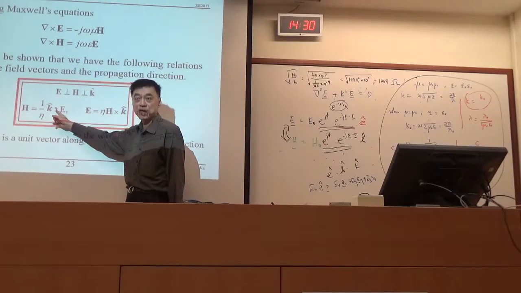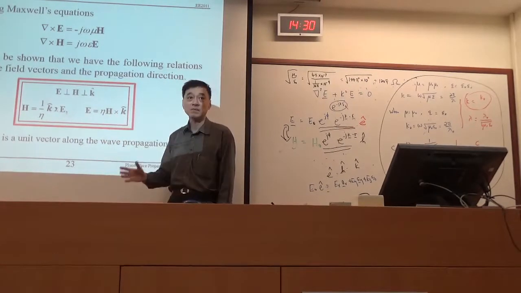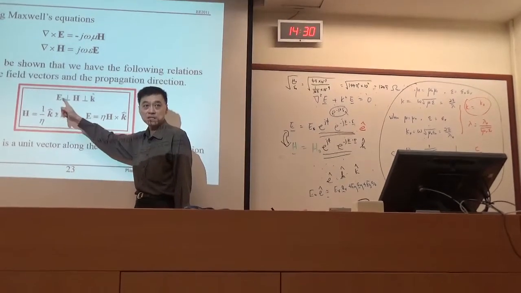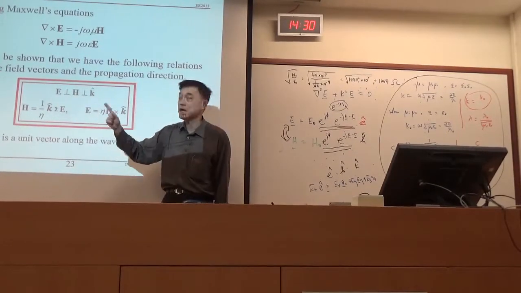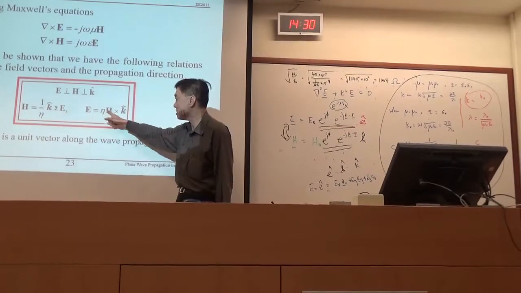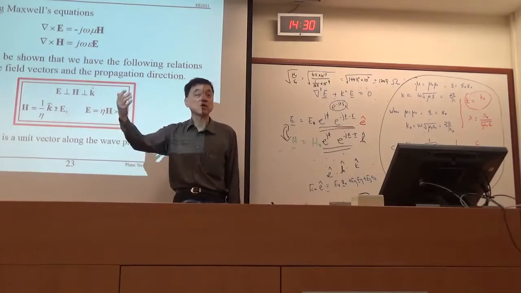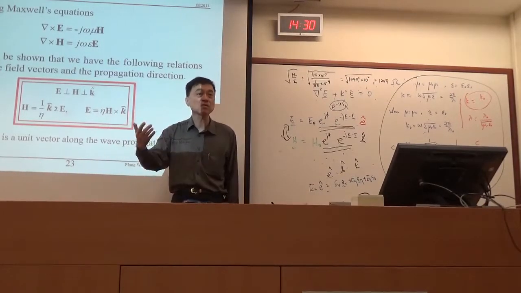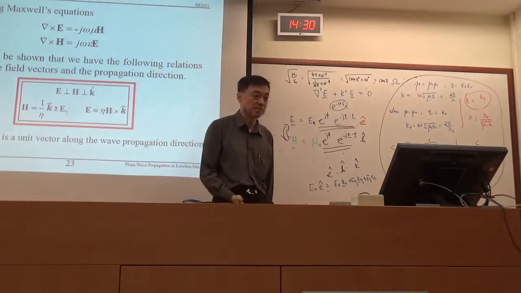This is cross product. This is not dot product. So if you do cross product, you must make sure that you get the direction correct, because the cross product directions must still follow E, H, K. So K cross E gives you H. H cross K gives you E. X cross Y gives you Z. Y cross Z gives you X. Z cross Y gives you minus X. You must make sure that you get all these cross products correctly.